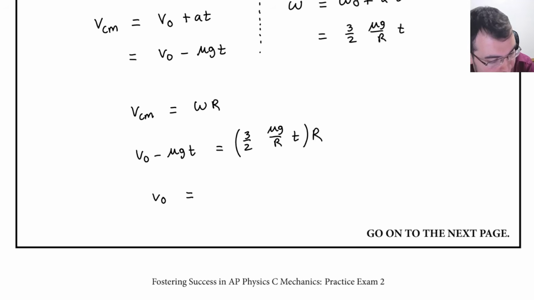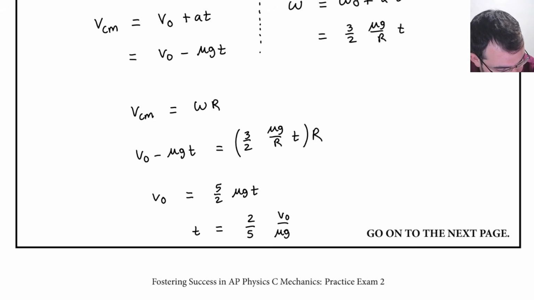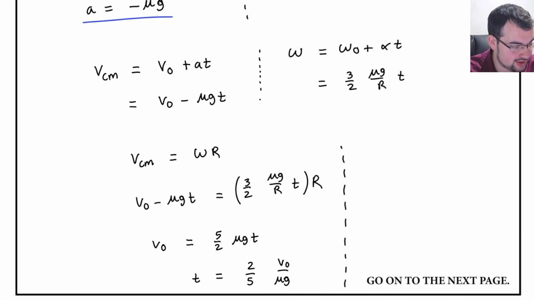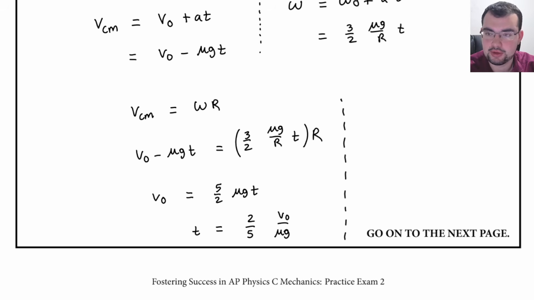So we get V0 is equal to 5/2 mu g t. So t would be equal to 2/5 V0 over mu g. That's how long it takes before slipping stops. And then lastly, we just have a plug-in to do where we need to find the actual velocity of the center of mass. So we just substitute that value of t.